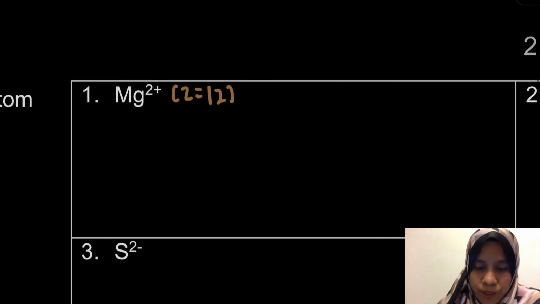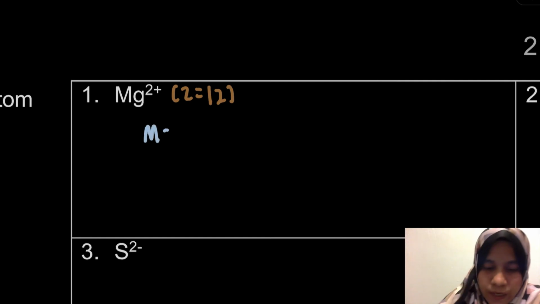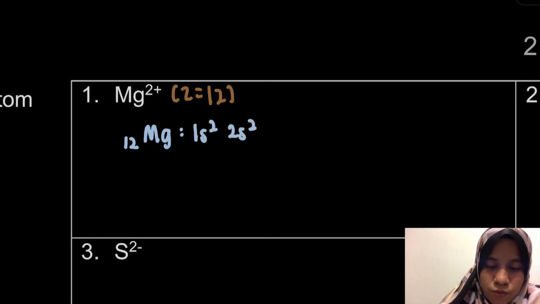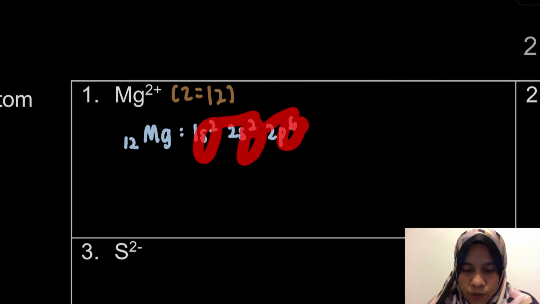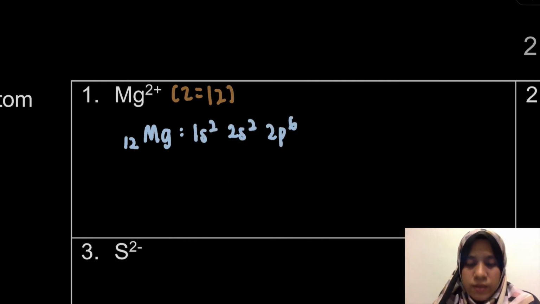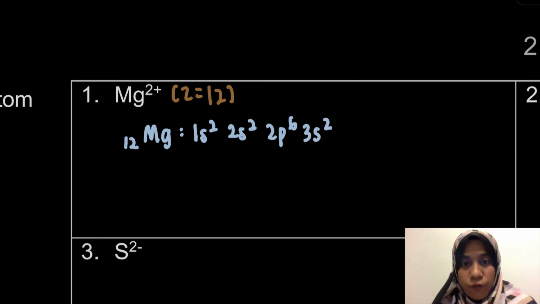So, for magnesium 12, it means 1s2, 2s2, 2p6. Okay, so it has 2, 4, 6, 10. We need another 2 more, so it becomes 3s2. So that's the first one.